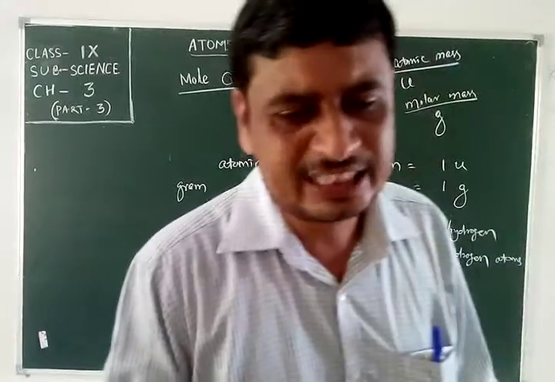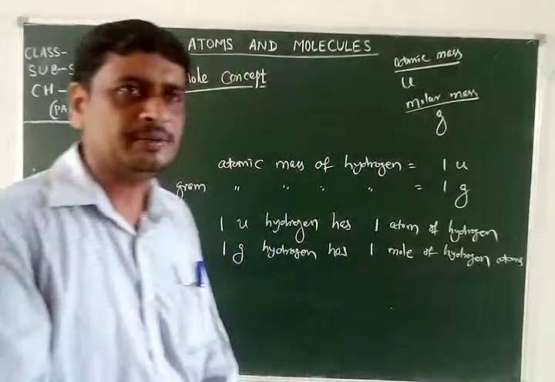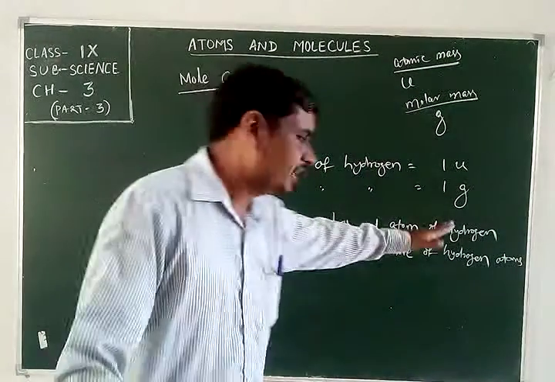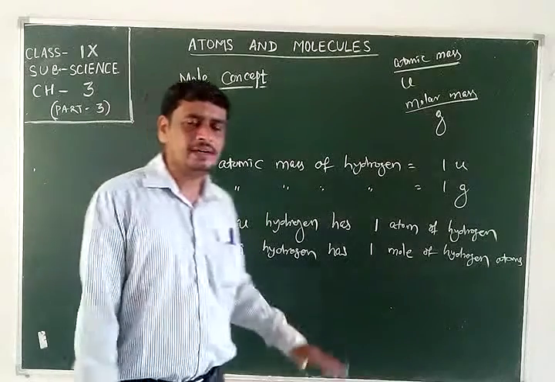That means 6.022 × 10^23 atoms combine to make 1 gram of hydrogen.